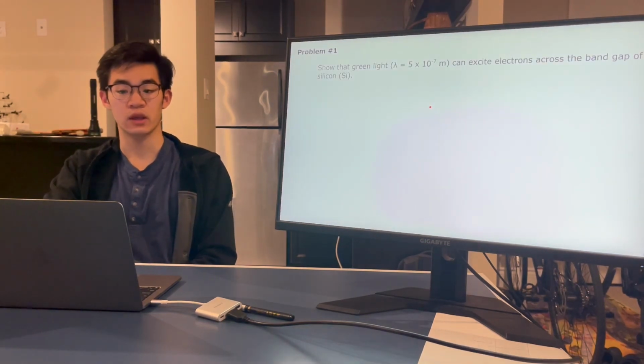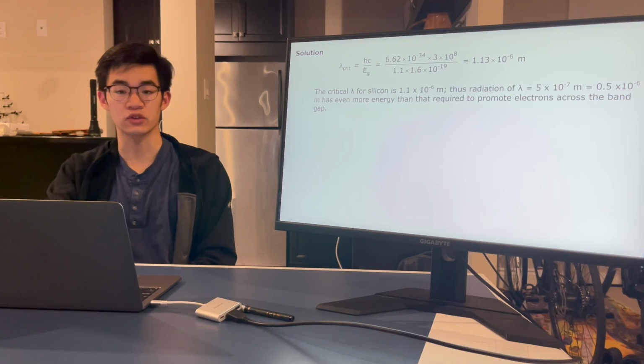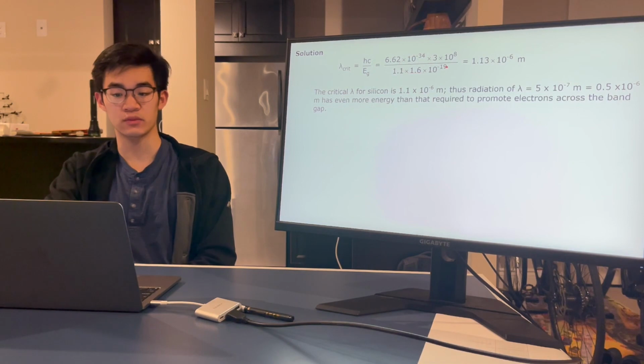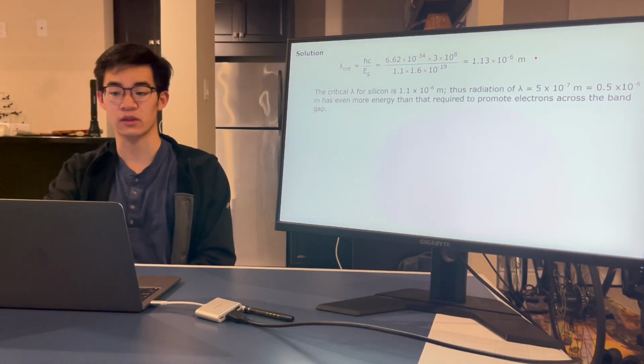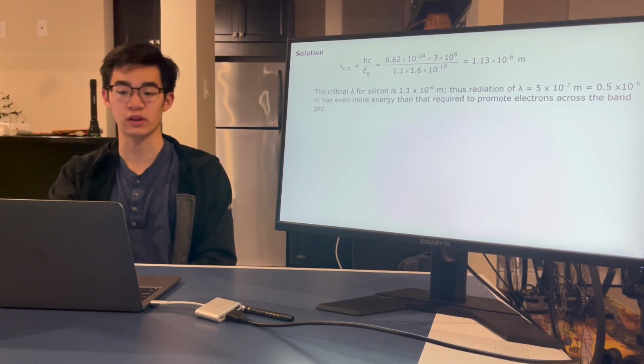So how we do that is we use the equation E equals hc over lambda. We can rearrange for lambda as hc over the energy of the band gap, and then we substitute, and then we find the critical wavelength, which is the minimum wavelength required to promote an electron.